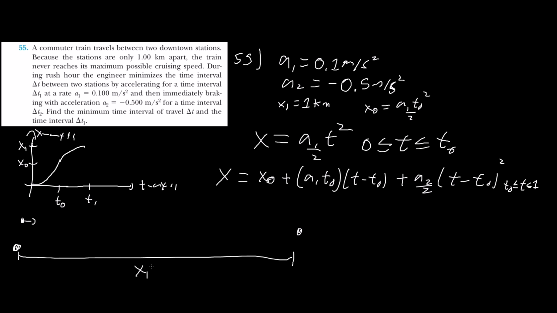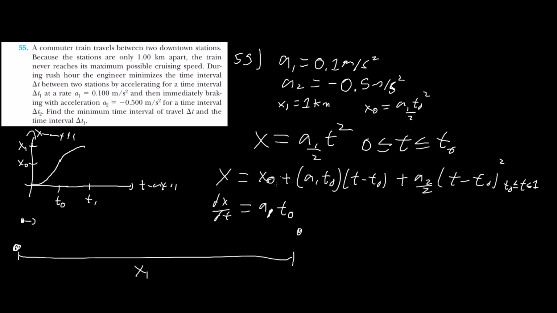We don't know what x naught is, so I really don't know how to solve this. Oh, I guess the final velocity is 0 when it reaches its destination. So let's take the derivative, dx over dt, of the second equation, and that's going to be 0. That's going to be a1 t naught over t minus t naught.